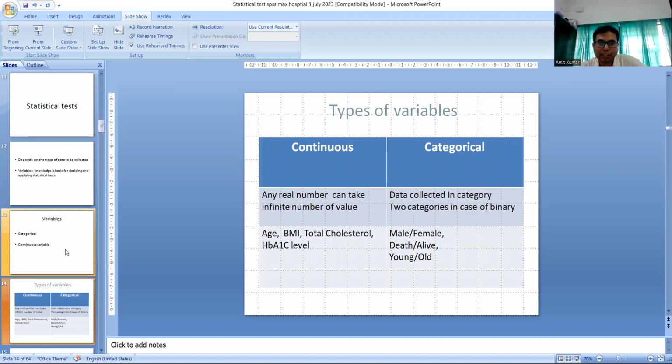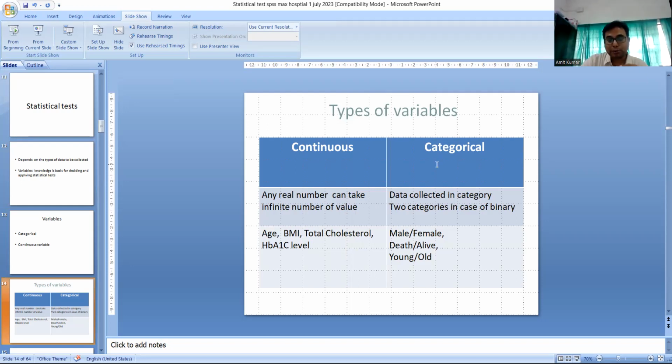These are real values, whatever values you are collecting or entering in your data set. So this type of variable is called a continuous variable. You have to remember it. Those who do not know, everyone will have to remember it. Continuous variable: any numerical value, if you are collecting it, that is a continuous variable.